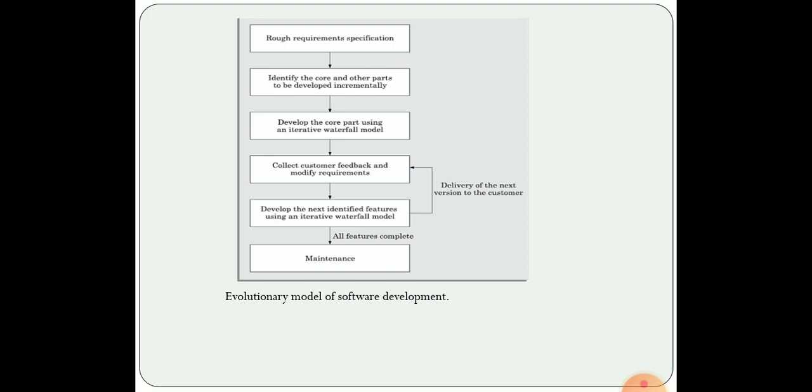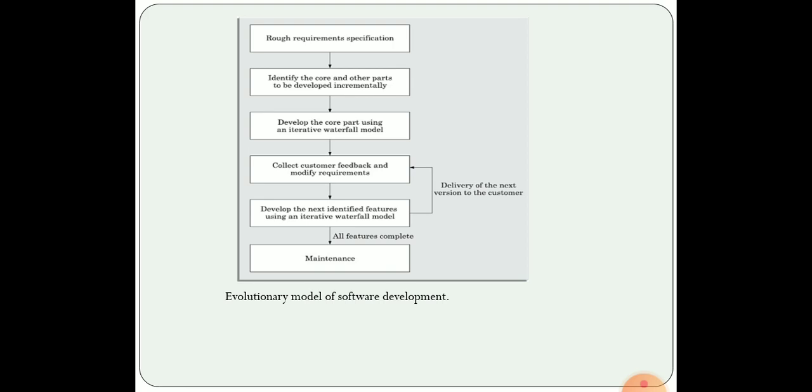We can collect the customer feedback and, depending upon it, make further modifications to the requirement specification, and this helps the customer to know what he actually needs from that software. He can specify more on those requirements, and based on that customer feedback, the next level is developed.